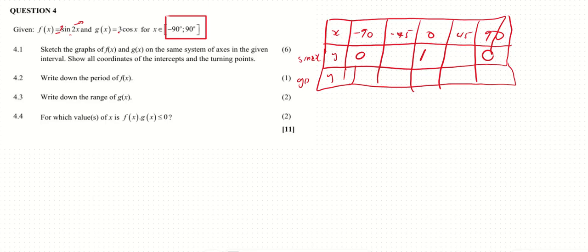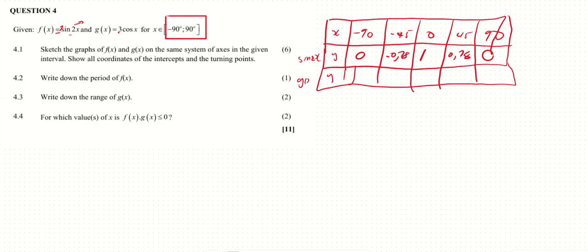So I'm going to use this point here, sine 2 times 22,5. The answer for this here is going to be negative 0,78, which makes it 0,78.